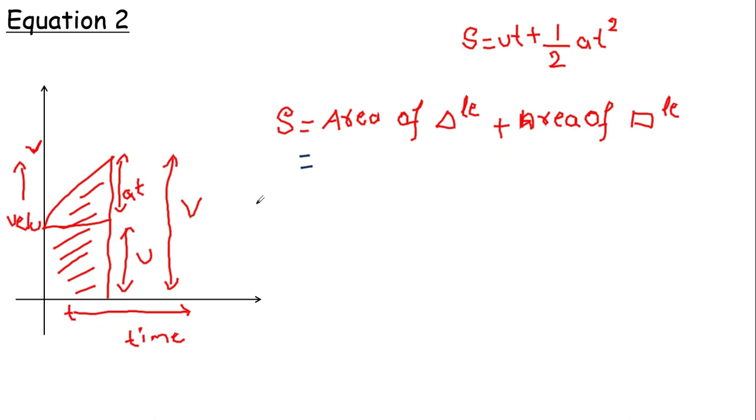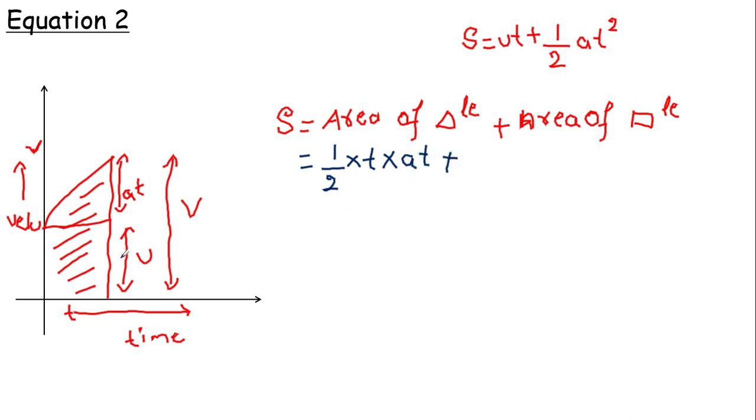You know that area of triangle is half into base into height. Here half into, for this triangle base is t, base into height. Here this is the height, at is the height, half into base into height plus area of rectangle.